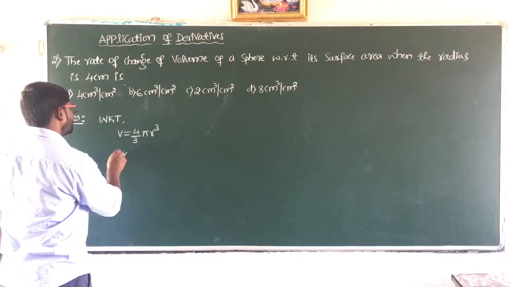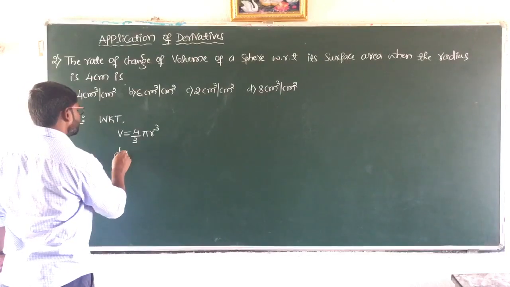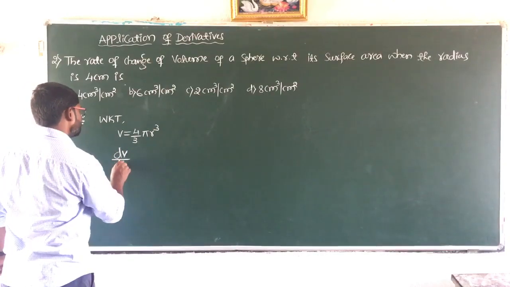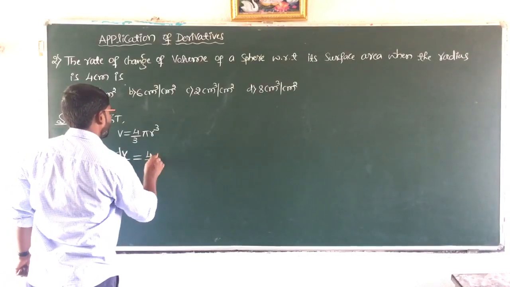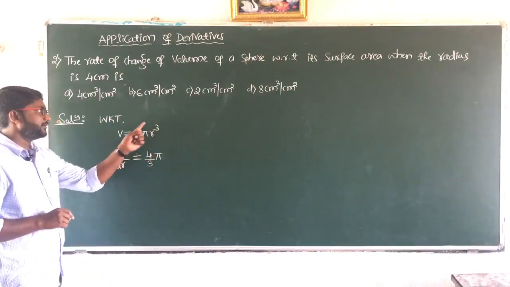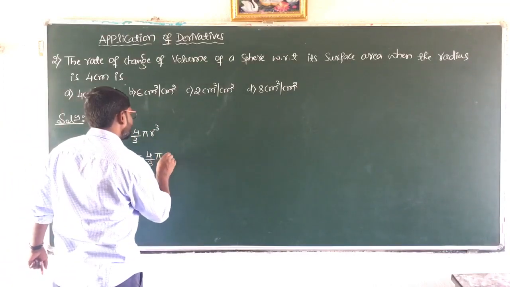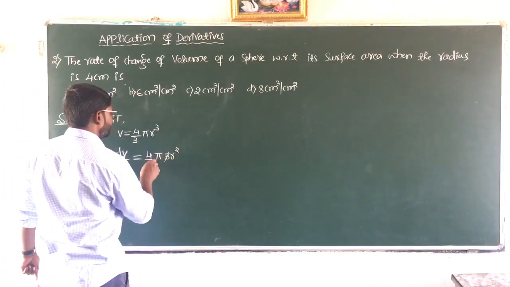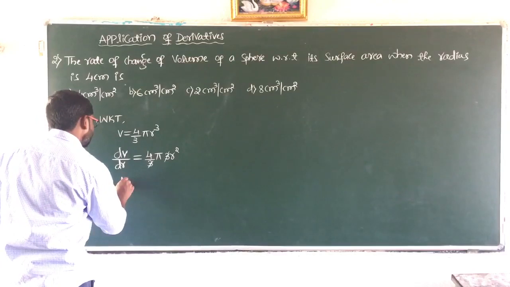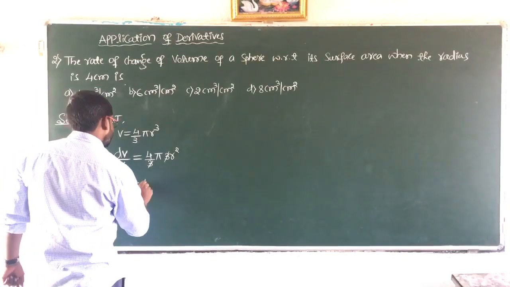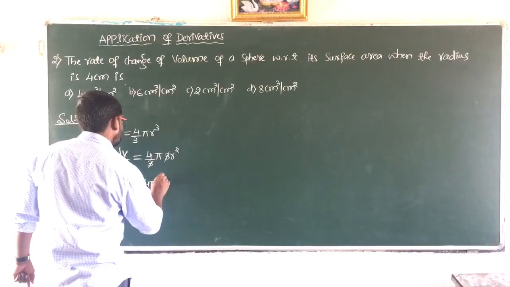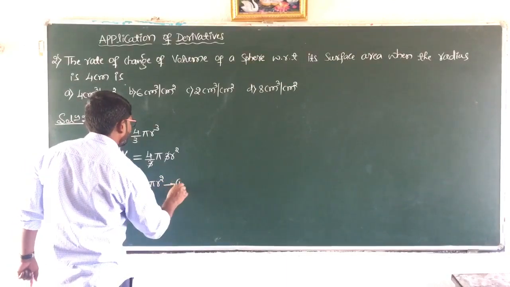So we get dV by dr equals 4 by 3 pi as a constant, and the derivative of r cube will be 3r square. Now 3 gets cancelled. dV by dr equals 4 pi r square. Call this equation number 1.